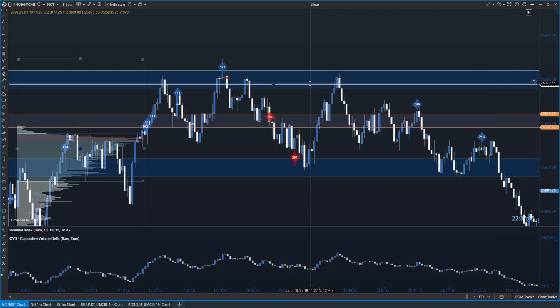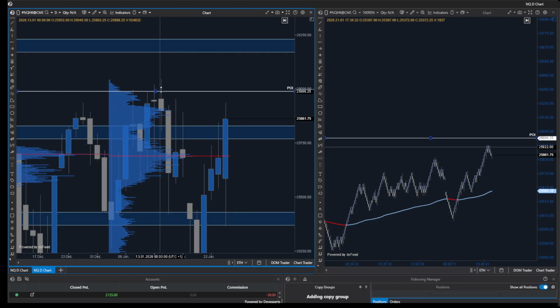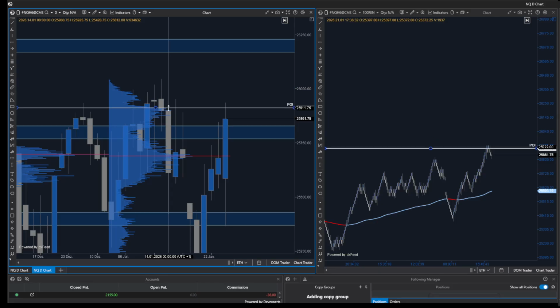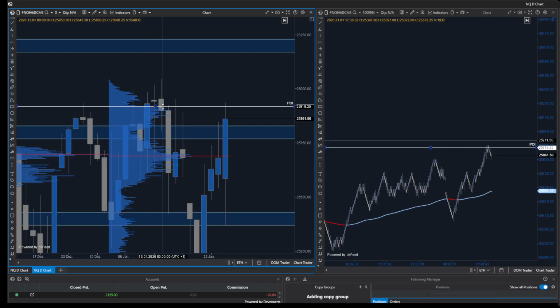This is the white line. I can show you. This is the daily chart with the monthly profile, and this is very important because this zone here I marked before I traded.